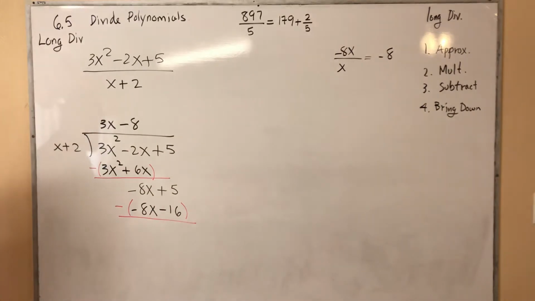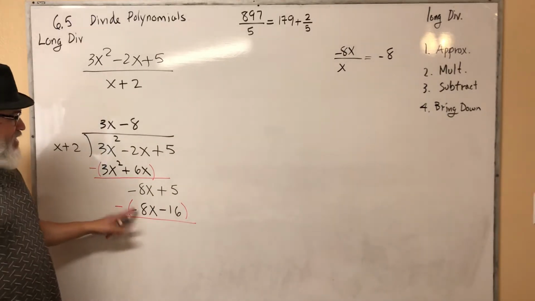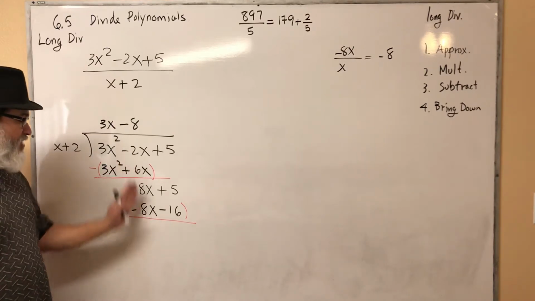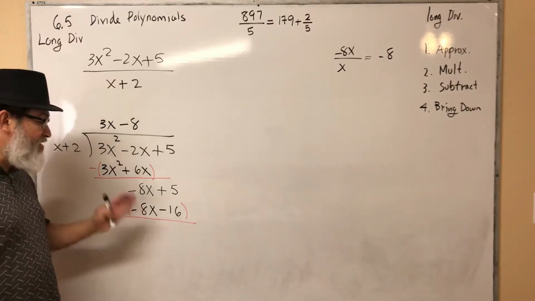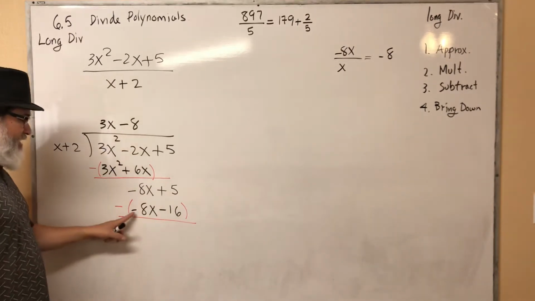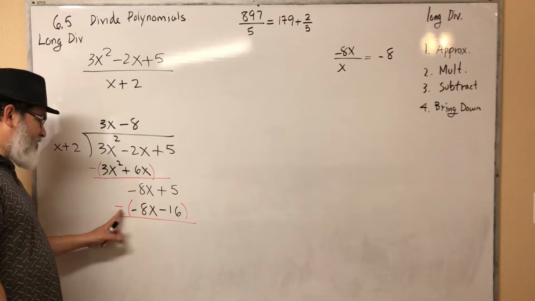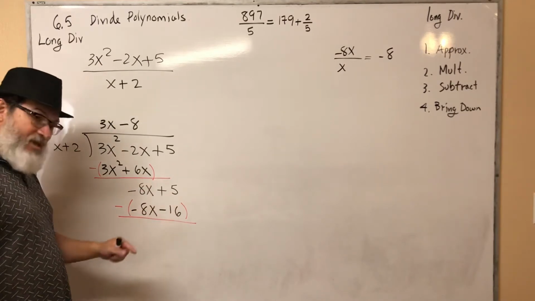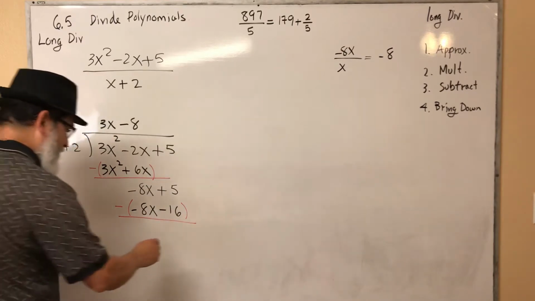A negative times a negative is positive. What's negative 8x plus 8x? 0. That's supposed to happen. If that does not happen, you made a mistake. What's 5 plus 16? 21.